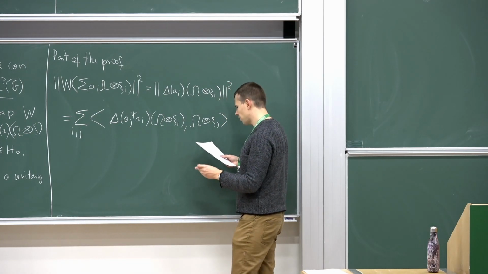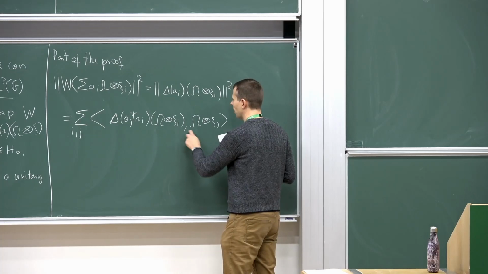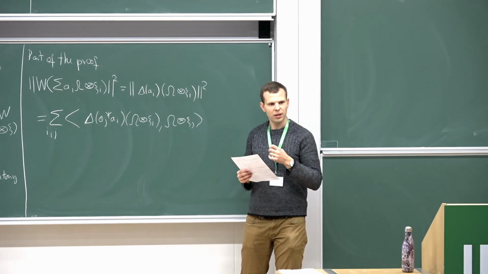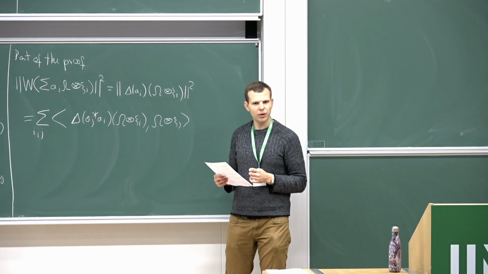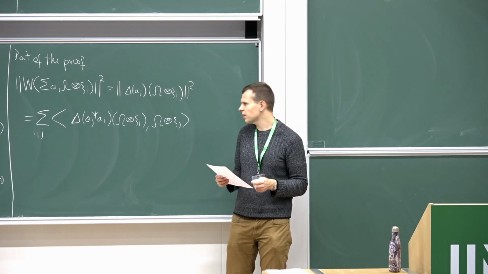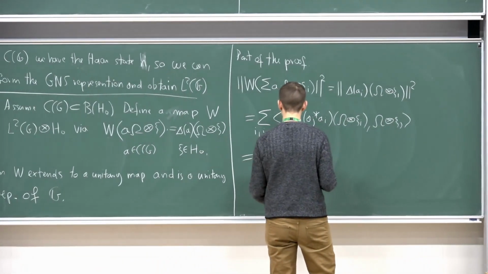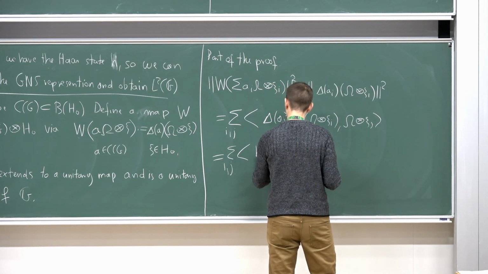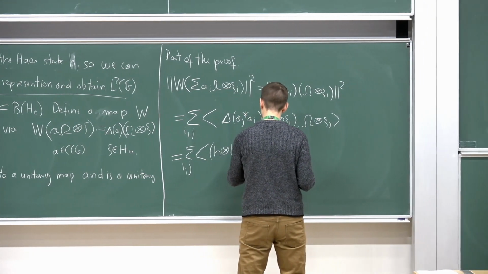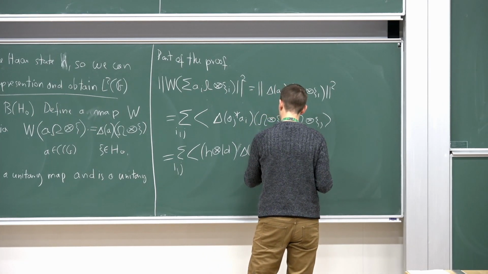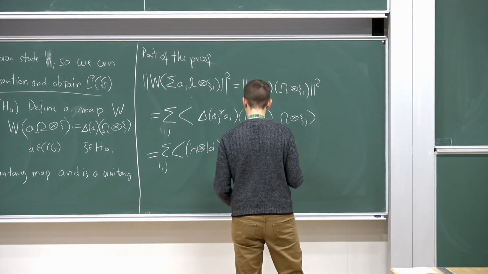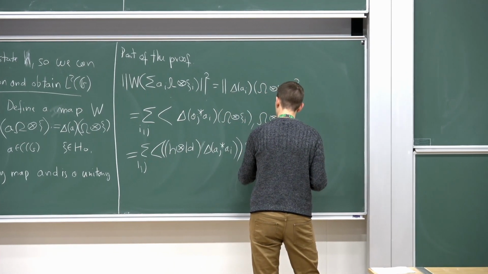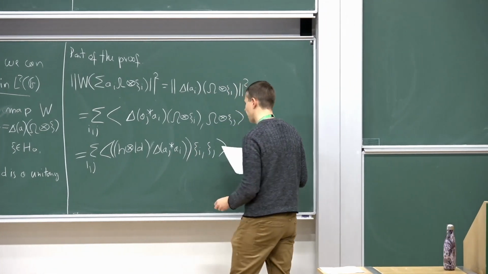Now we have this inner product with omega on the first leg of the tensor, and omega was the GNS vector for the Haar state of our compact quantum group G. So this thing is equal to h tensor identity applied to delta of A_j star A_i, which is now in C of G, and then it acts on psi_i, psi_j.